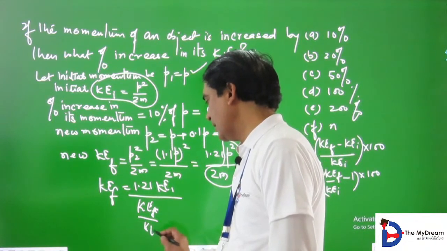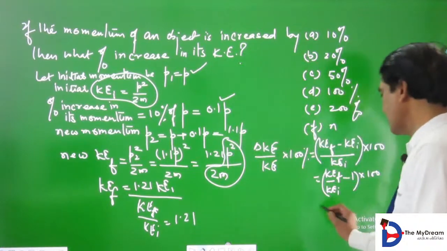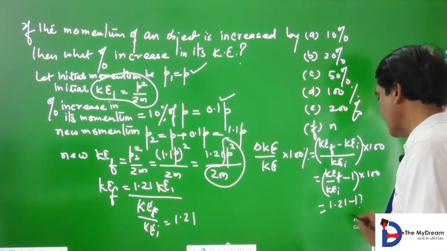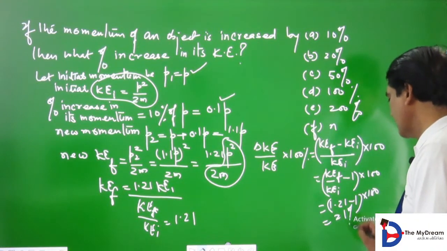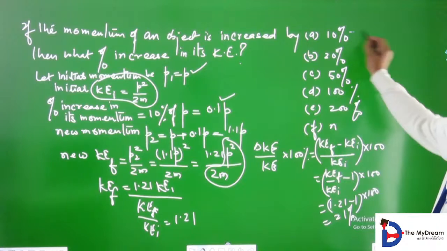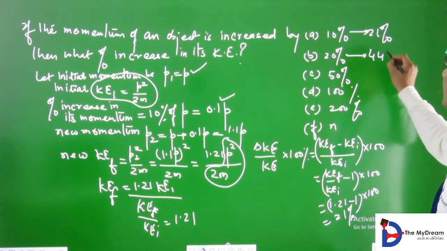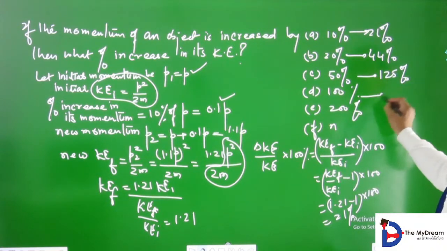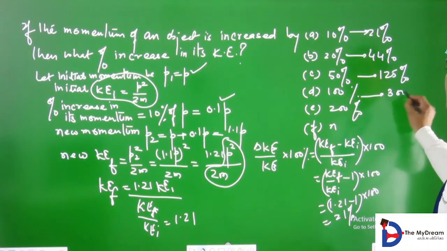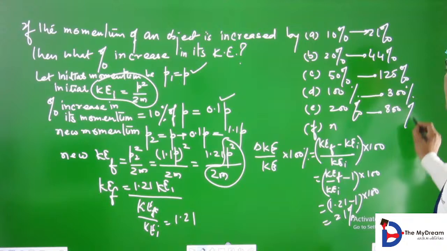So in place of this you can write 1.21 minus 1 into 100, which gives 21%. तो इसका आंसर आ गया 21, इसका आएगा 44, इसका आएगा 125, इसका आएगा 300%, इसका आएगा 800.